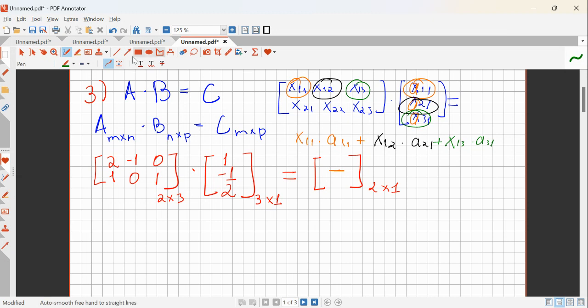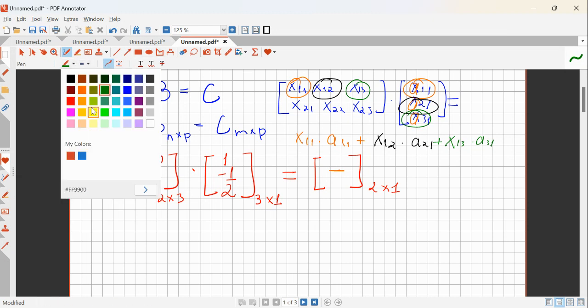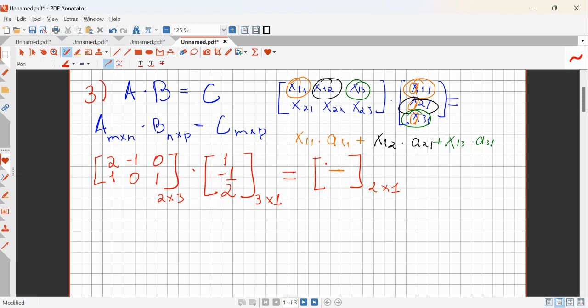So let's come back to our equation. 2 times 1 plus minus 1 times minus 1 and 0 times 2. So it's going to be 2 plus 1.